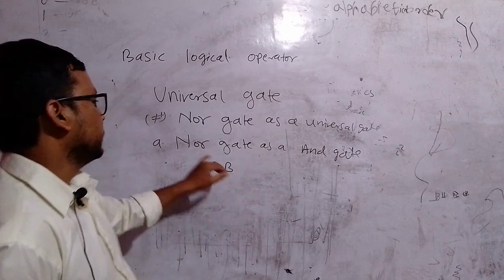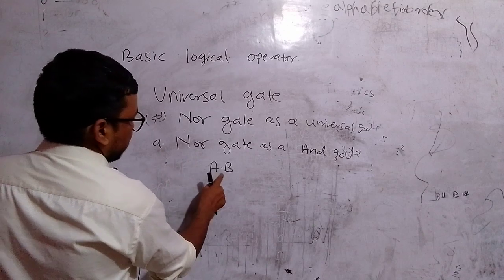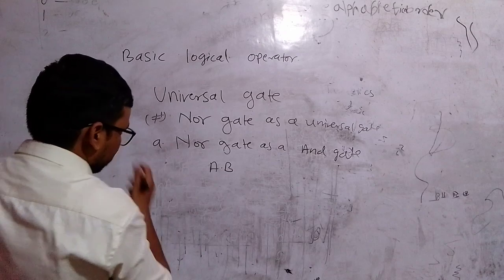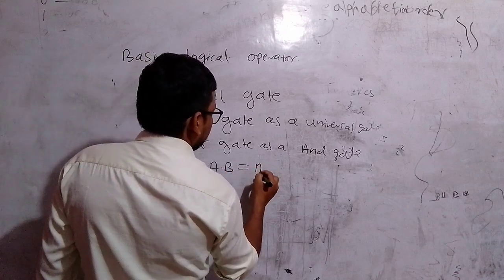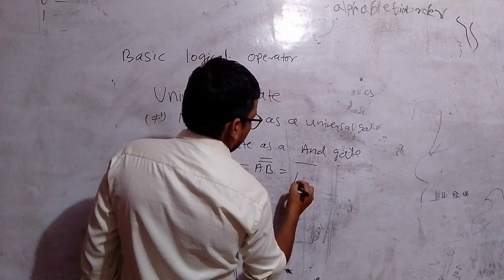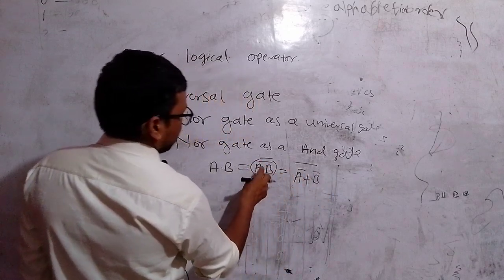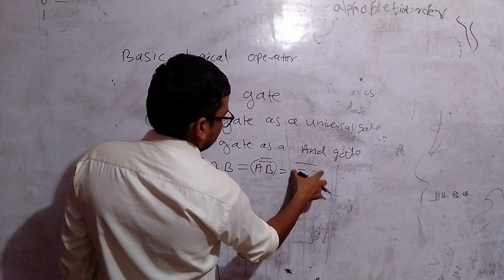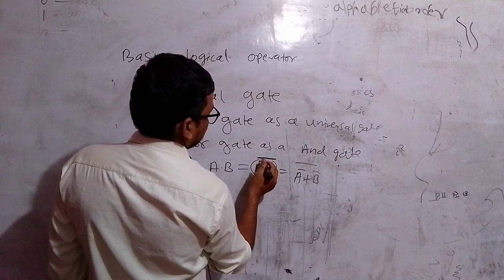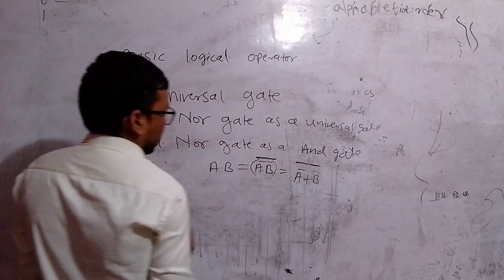This can be rewritten as A dot B double complement, that means complement of A complement plus B complement. If we apply De Morgan's rule here, we get this expression, and we have not done anything for this outer complement line, so we have written it as it is.